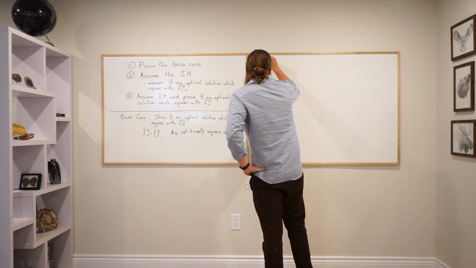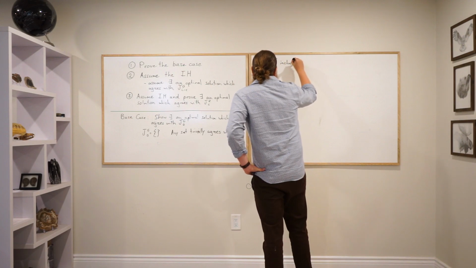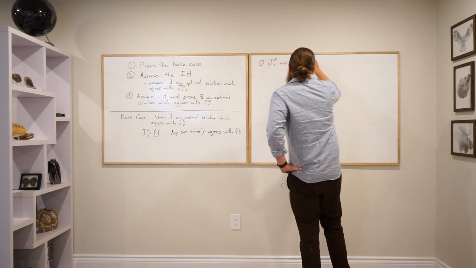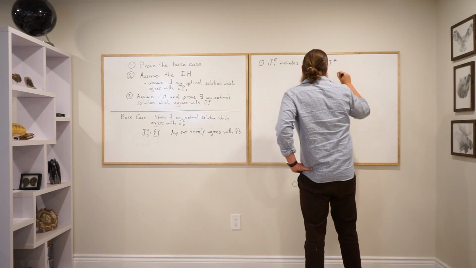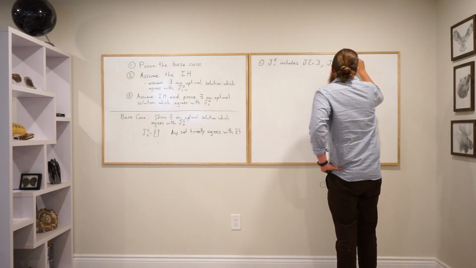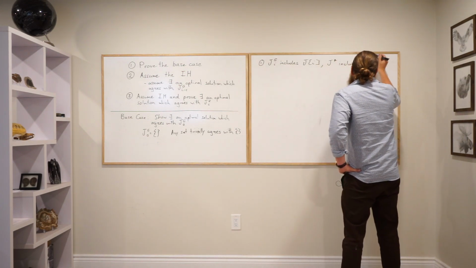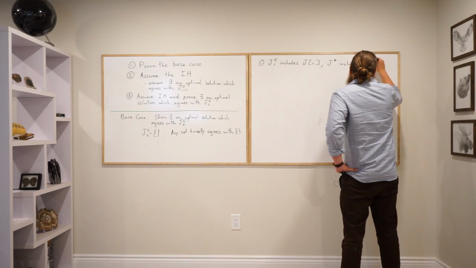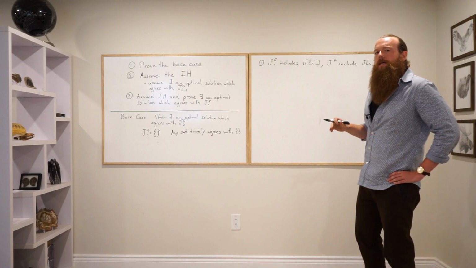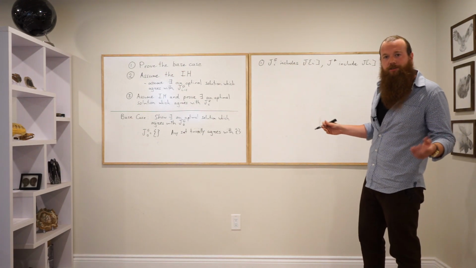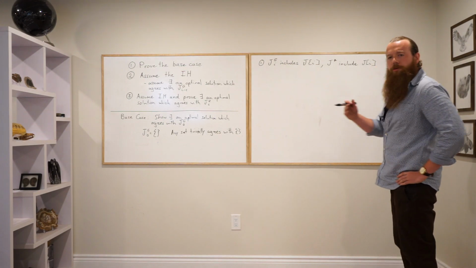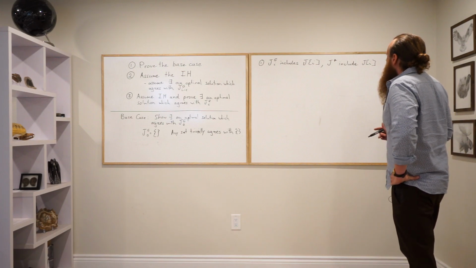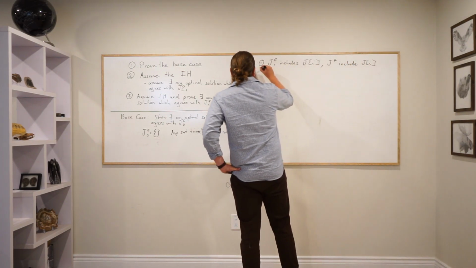So case number 1, J greedy includes J_i, and J star includes J_i. And when I say includes, excludes, I really just mean a plain English interpretation for is an element of, is not an element of. But hopefully you can break through that barrier. That's case 1. What might case 2 look like?